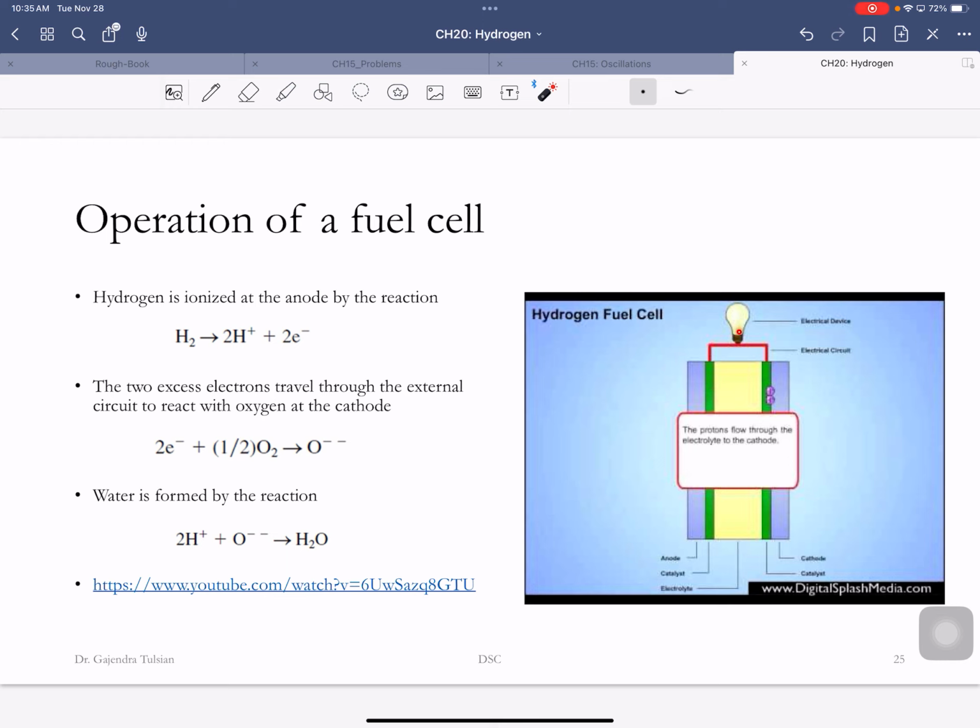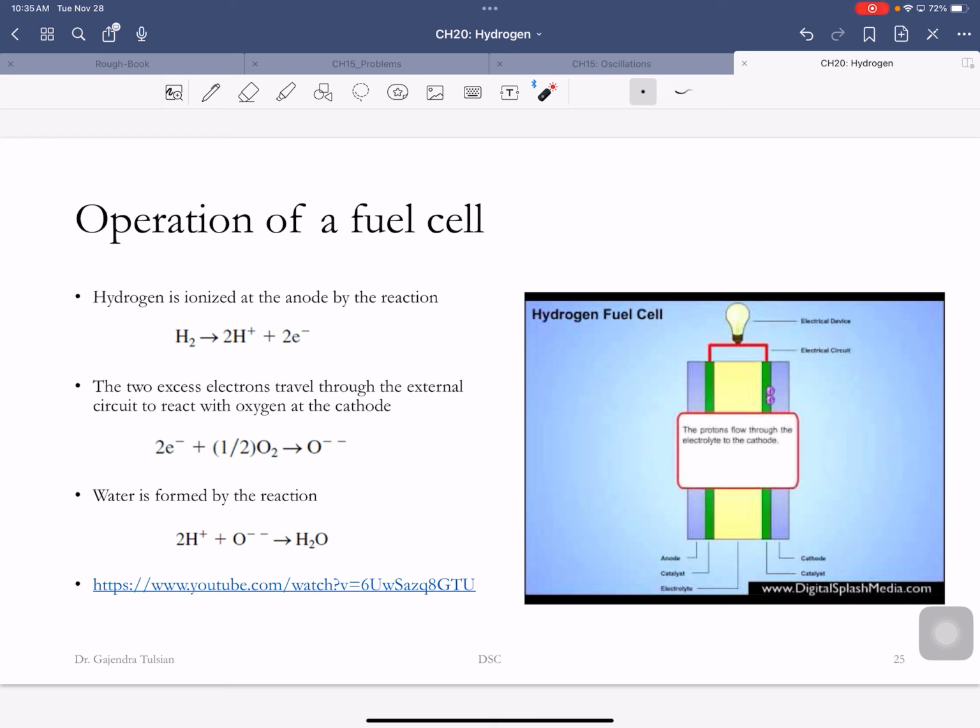The electrons travel through the external circuit, doing whatever it is that they do, to react with the oxygen at the cathode. So the oxygen takes the electrons, and water is formed there. The hydrogen ion travels there and interacts with the oxygen and produces water. So you got electricity, and you're using a catalyst, and water is the output, the exhaust.